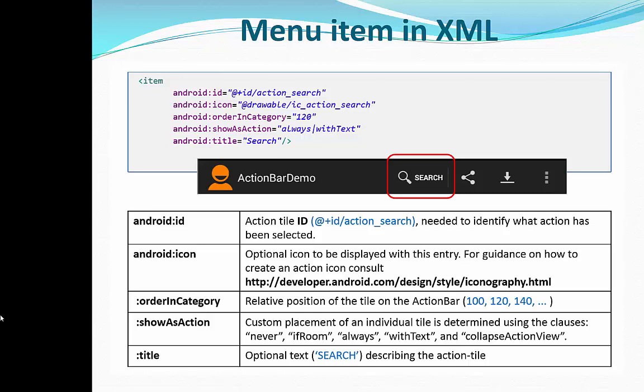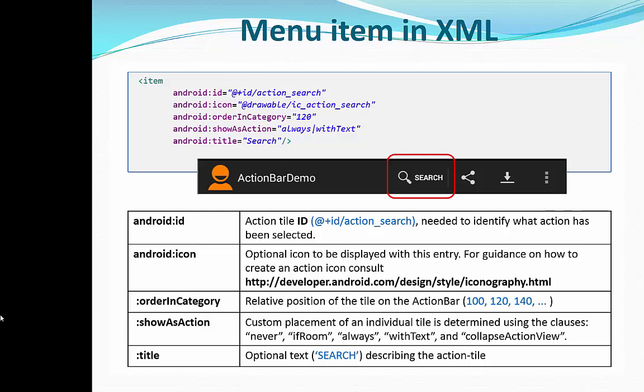Number three, relative position of the title on the action bar, 100, 140, 140. It's kind of like a position of the elements in the order in which you want them to appear. In this case, from right to left. Number four, showAsAction, custom placement of an individual title, determined using the clauses never, ifRoom, always, withText, and collapseActionView.